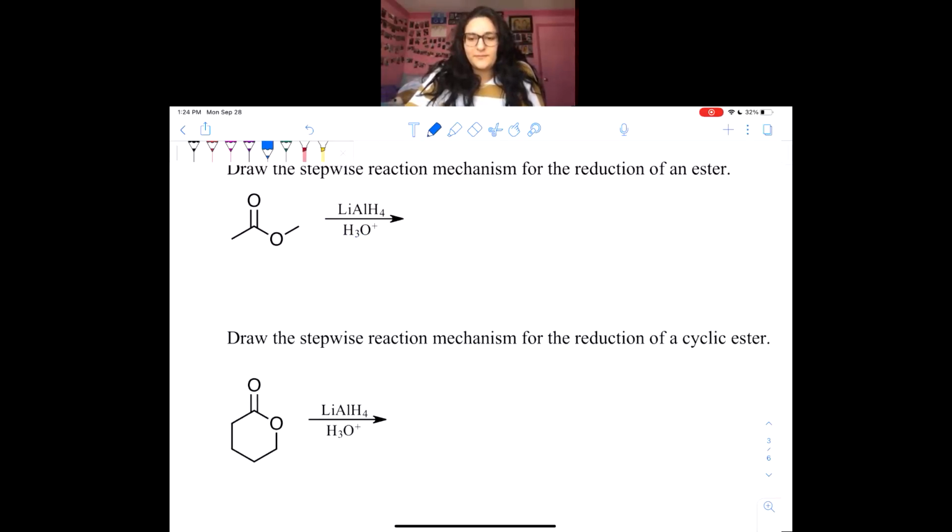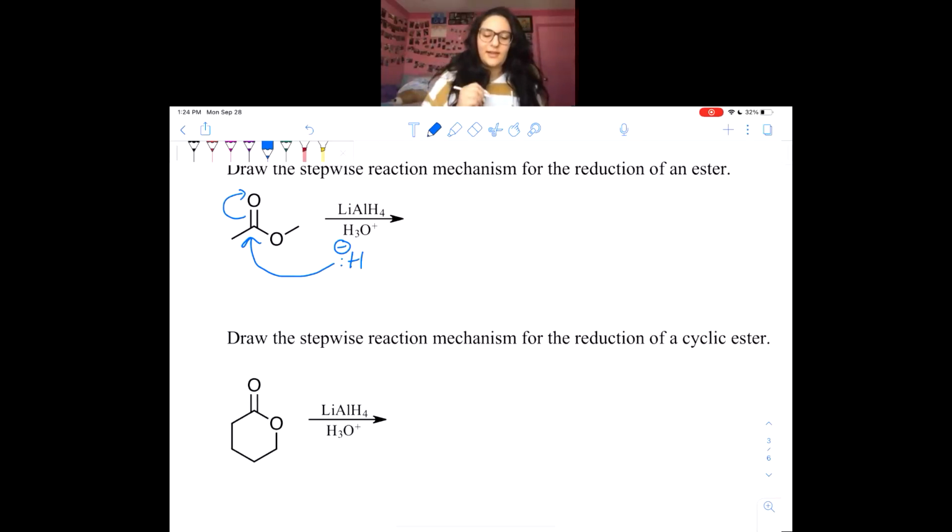What do you guys think? Yep, it is still H minus. For a reduction, it's always going to be H minus no matter what the reagent is. So again, it comes here and attacks, and we kick these electrons up. And we get a negatively charged oxygen again.